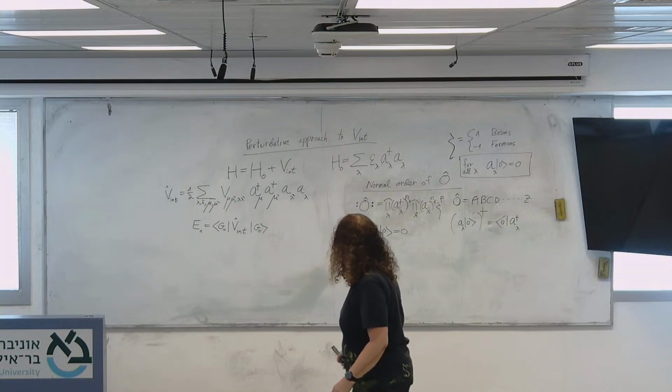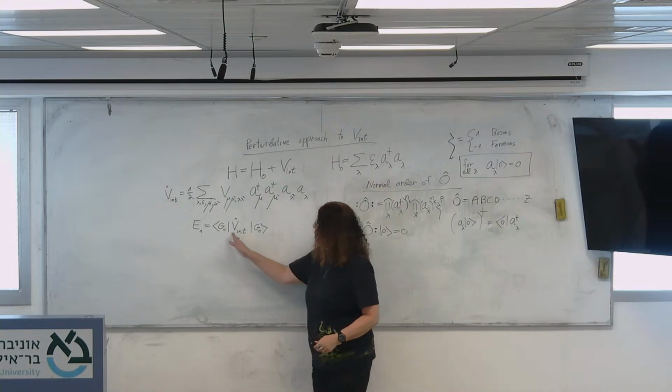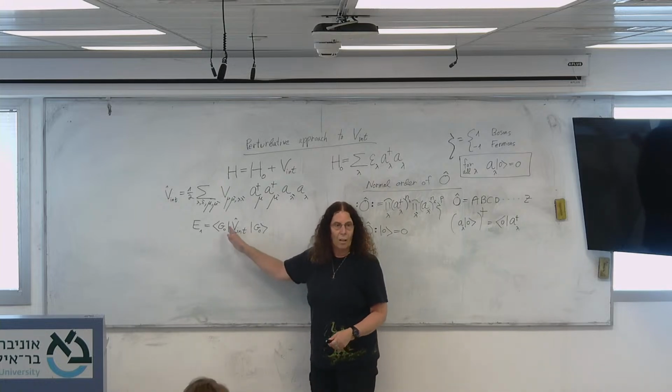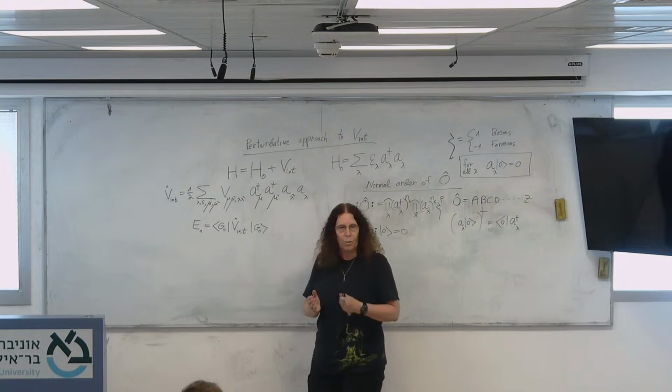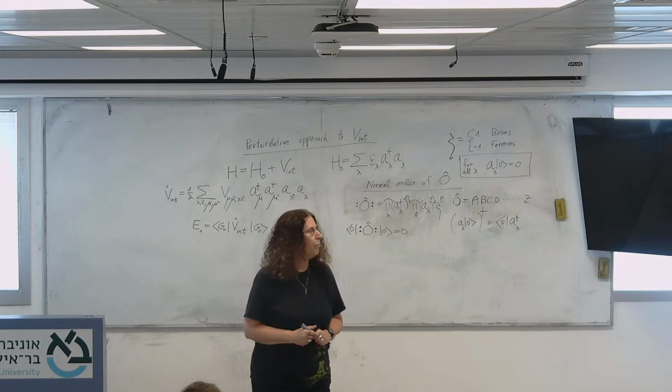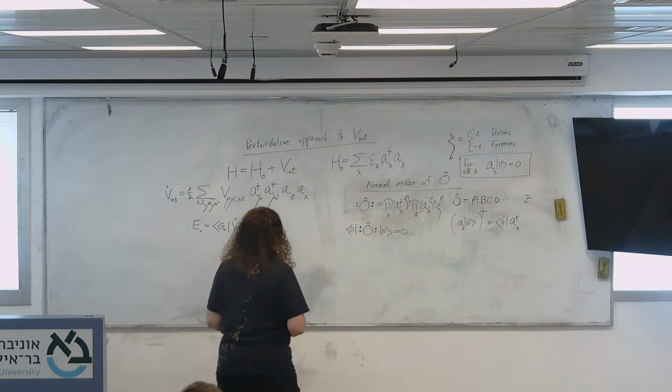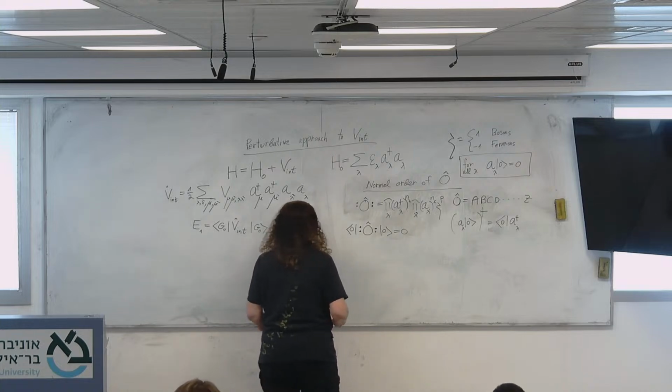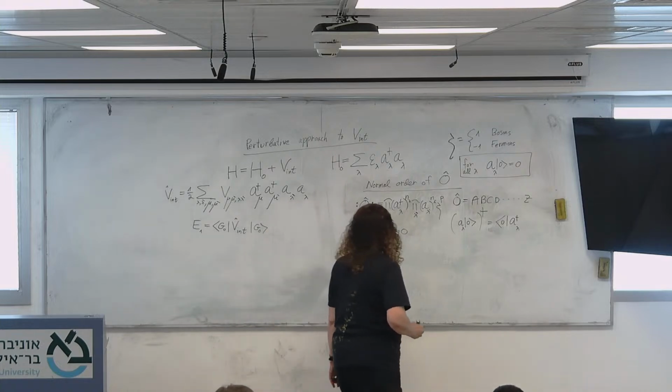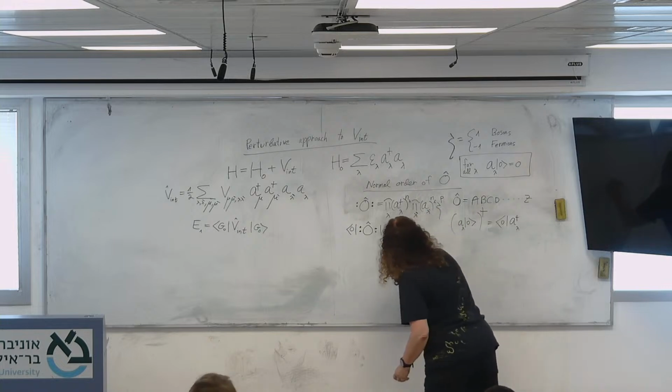Okay? And remember, our goal is to calculate something like this, and therefore it's convenient to do this separation. So the next thing I want to define is something that is called contraction.